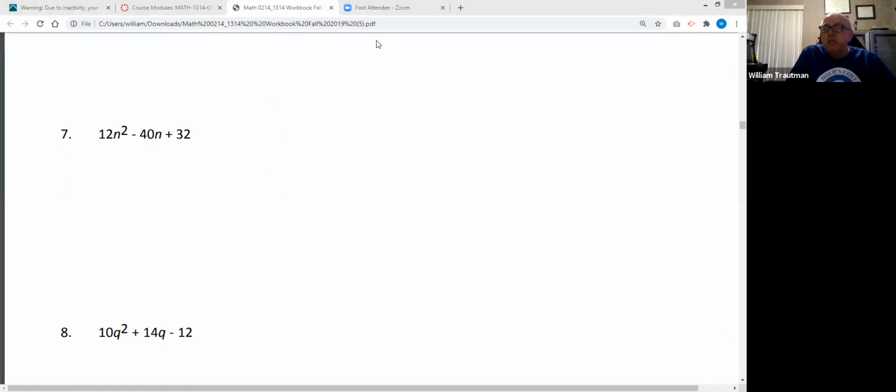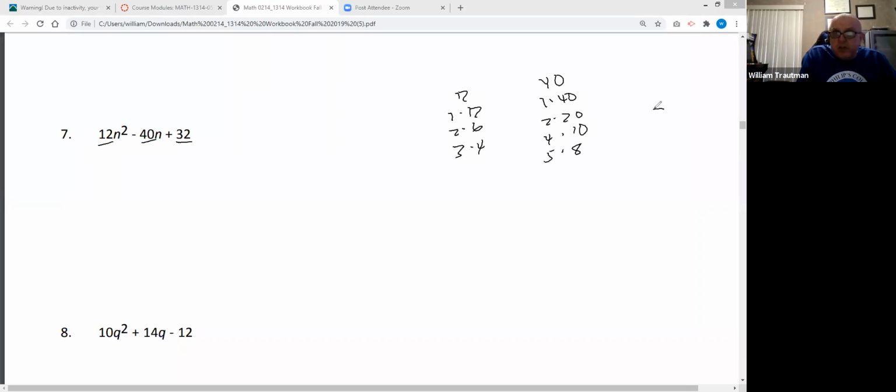Okay, so number 7, finally, all our work has paid off. Step 1, always look for a GCF. Look at all these numbers here. 12 is 1 times 12, 2 times 6, 3 times 4. 40 is 1 times 40, 2 times 20, 4 times 10, 5 times 8. 32 is 1 times 32, 2 times 16, 4 times 8. 12 is not in all of them, 6 is not in all of them.